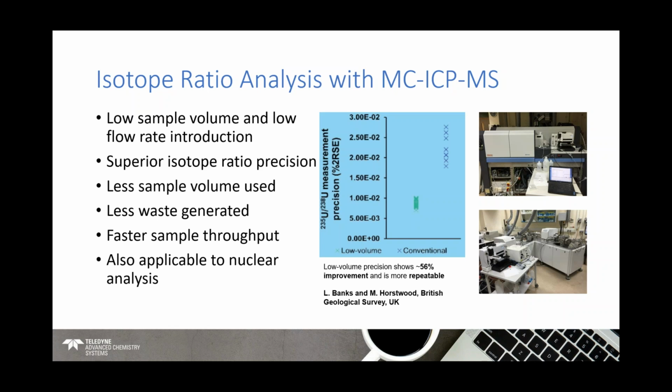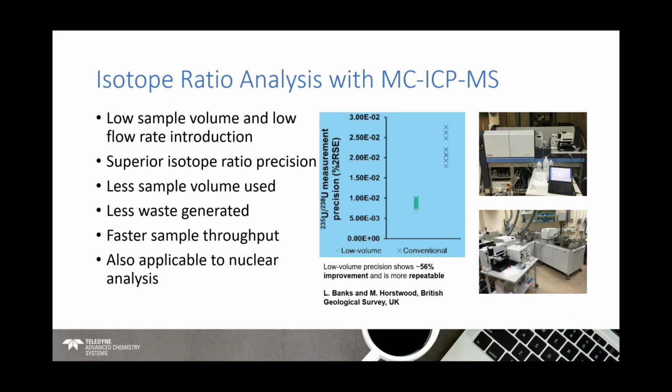So from the point of view of geochemical testing and certainly geochronology, that is a considerable advantage. Added to that, because you're working with an automated system, there's a lot more control, so there's less sample used, there's less waste generated, and it's actually faster throughput. So you're working through samples in 8 to 10 minutes per sample rather than half an hour.